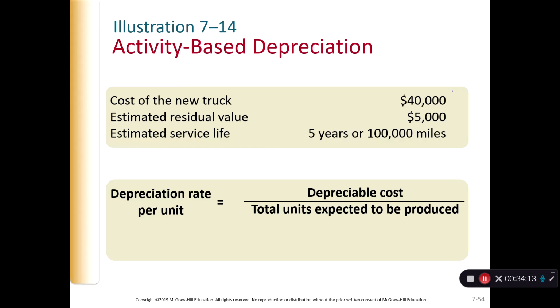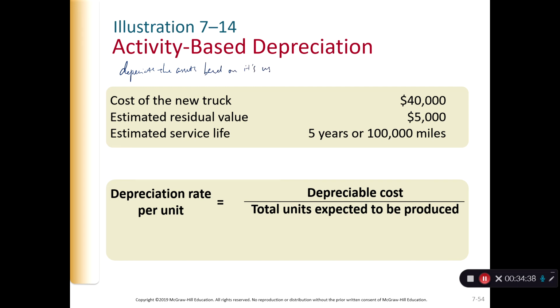So now we wanted to introduce you to activity-based depreciation. Activity-based depreciation pretty much means that instead of using an asset cost based on time, we want to depreciate the asset based on its usage.